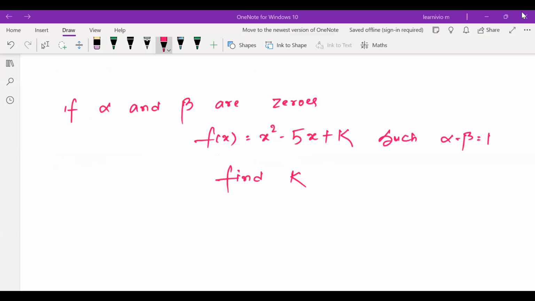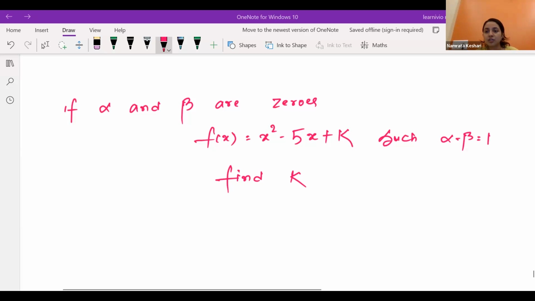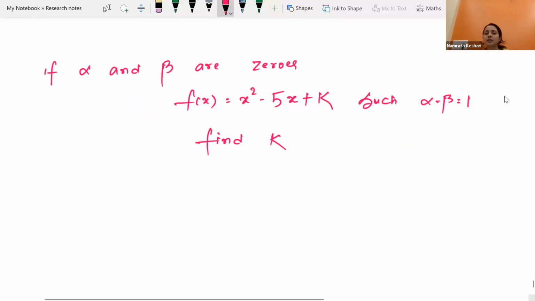Now in this question, we are using one of the identities. I don't know if it will come or not. Yes, Aisha. Let's do it. Yeah, identity will be used and we will get it.